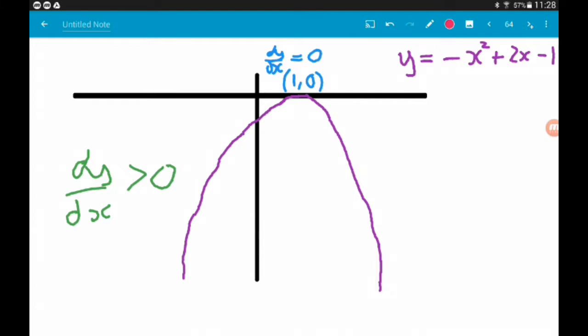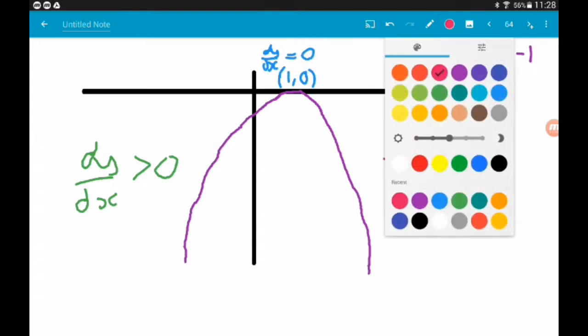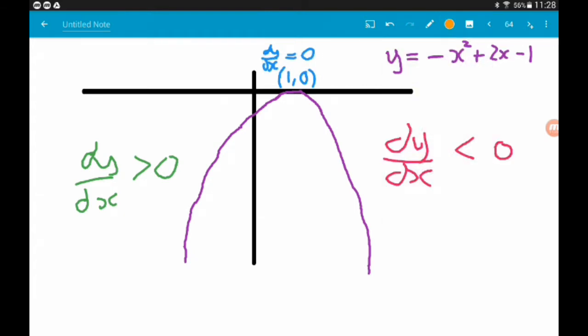So over here, dy by dx is less than 0. It's negative. So what's happening here then? The gradient is changing from positive to 0 to negative.